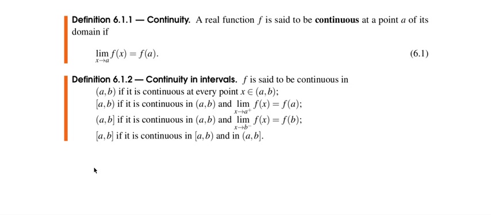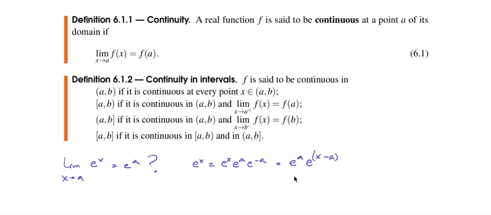Okay, so let's see a proof of some other continuous functions. Let's see that the exponential e to the x is a continuous function. In order to do that, we have to prove that the limit when x goes to a of e to the x is e to the a. Is this true? Well, we can always write e to the x as e to the x times e to the minus a times e to the a, or in other words, e to the a times e to the x minus a.